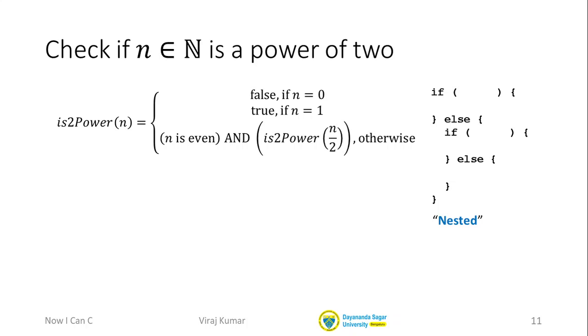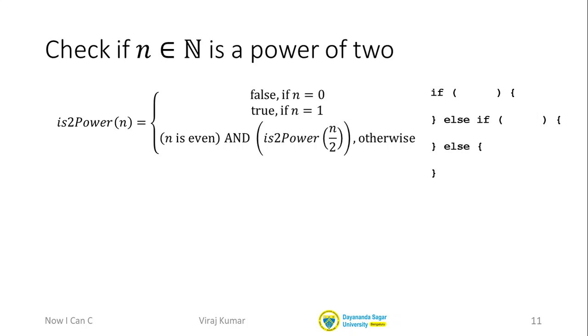So C allows me to glue that else and if together, and I can write code like this. So I'll have if some condition, I'll do the first case, else if some other condition, the second case, else the third case. Of course, I can have any number of else ifs in between, and then I could handle any number of cases. So that's the code structure that I'm going to use.